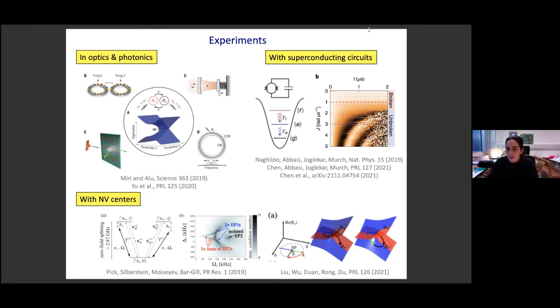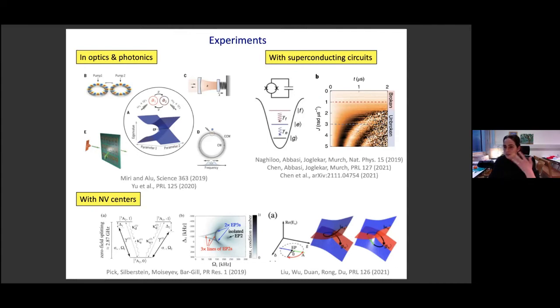And there are also experiments with superconducting qubits, where again they engineer the loss and gain between different excited states, and they see that for some coupling J, on the top of this figure, suddenly you clearly see oscillations via the orange, black, white region, and so this is a phase transition between broken and unbroken phase.